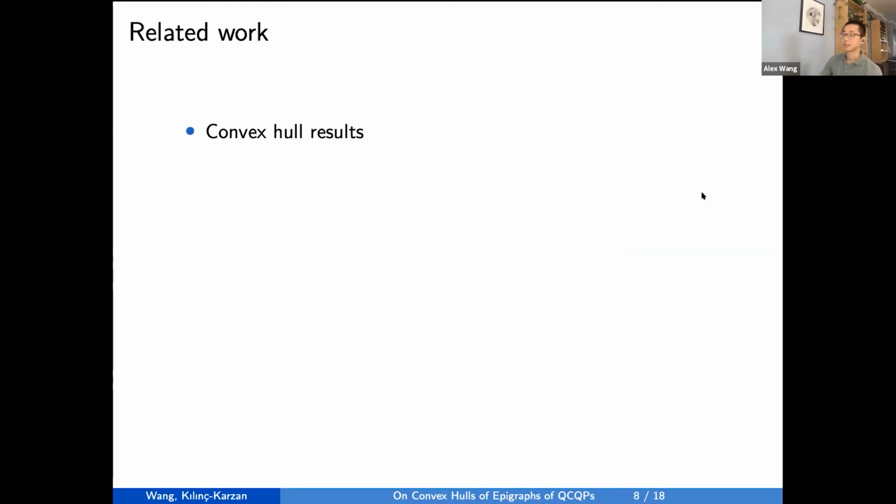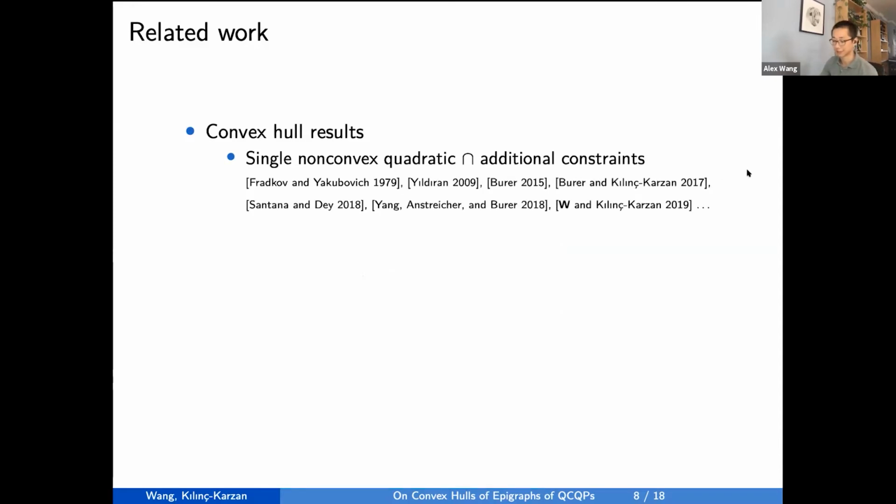Let me quickly go over some of the related work. There's a long line of work on deriving simple descriptions of the convex hull of some non-convex sets. As an example, one line of work considers the case where the non-convex region is defined by a single non-convex quadratic function intersected with some number of additional constraints. For example, Yoduran shows how to do this when the additional constraint is another non-convex quadratic.